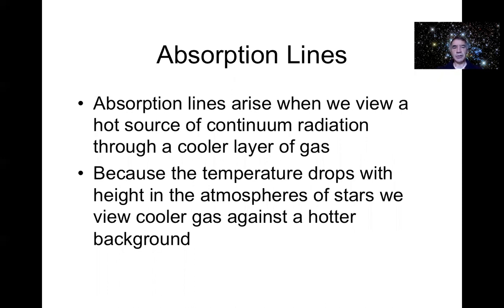We discussed when we were talking about the sun, and in particular the photosphere of the sun, that it's the photosphere where these absorption lines arise from. You'll recall that the temperature was dropping steadily with height in the photosphere as we go up through the atmosphere of the star. So that structure, if you like, has a denser, hotter background deeper in the photosphere, okay?